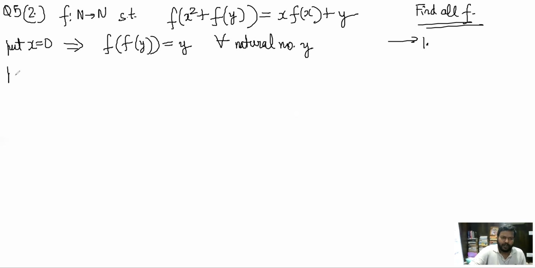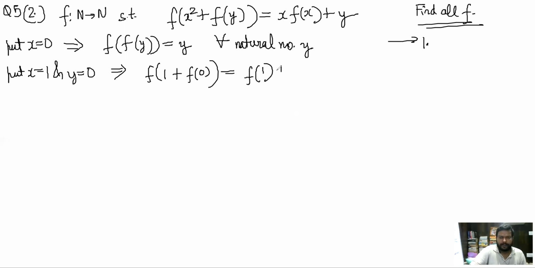Great. Let's put x is equal to 1 and y is equal to 0, right? So what we get here then is f of 1 plus f of 0 is equal to 1 f of 1 plus 0. Great.